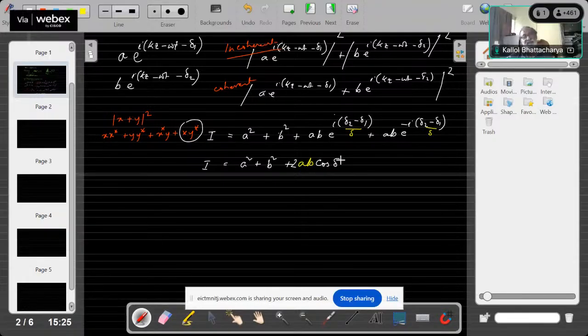Okay, so this is the well-known equation for interference. I is equal to A square plus B square plus 2AB cos delta.